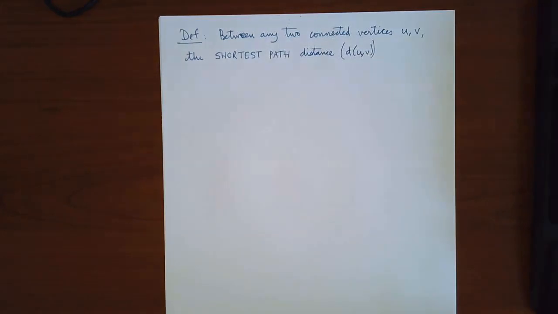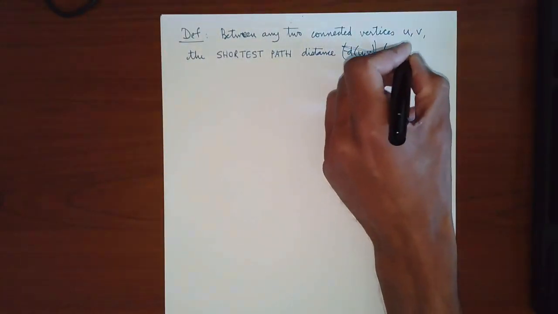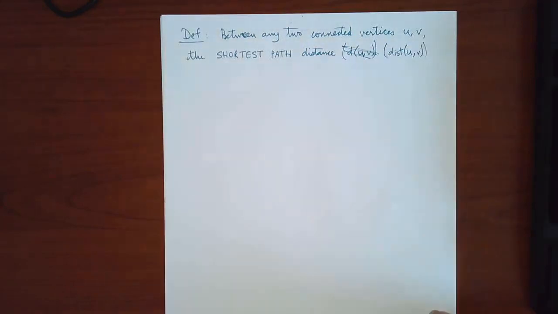So unfortunately, let me not call it, should I use... No, D looks like degree. I'm just going to refer to that as dist UV. Okay, I'm going to call it dist of UV.